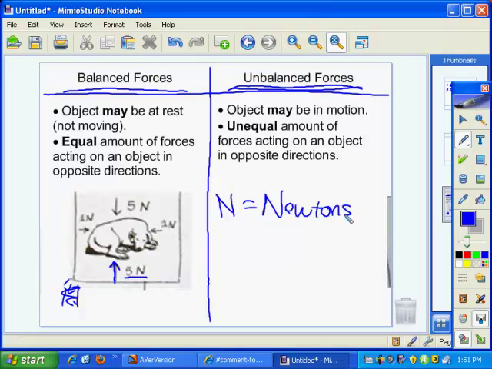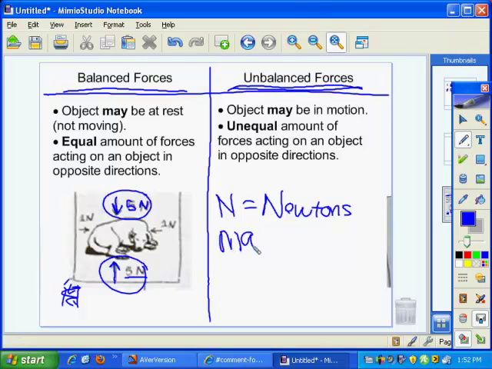We measure length with centimeters, we measure time in hours, we measure force in newtons. So acting up on the dog is 5 newtons. Acting down on him, probably gravity, is 5 newtons also. The forces acting in opposite directions are the same amount or magnitude.